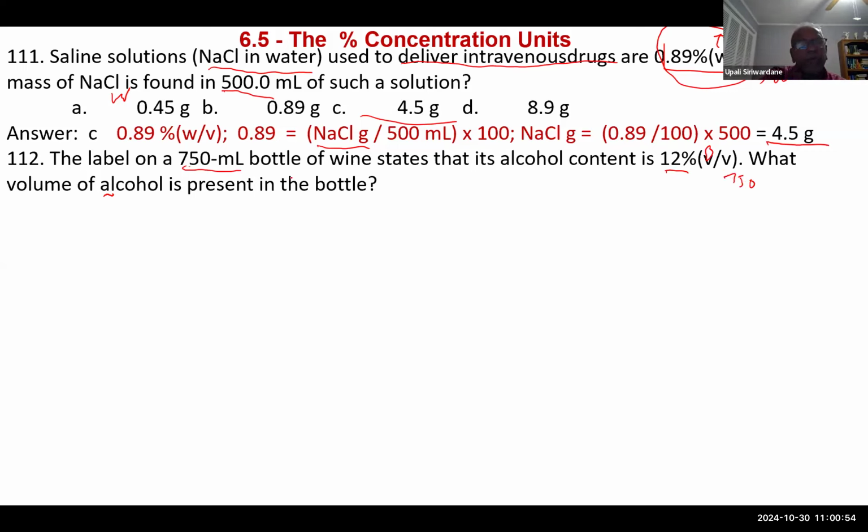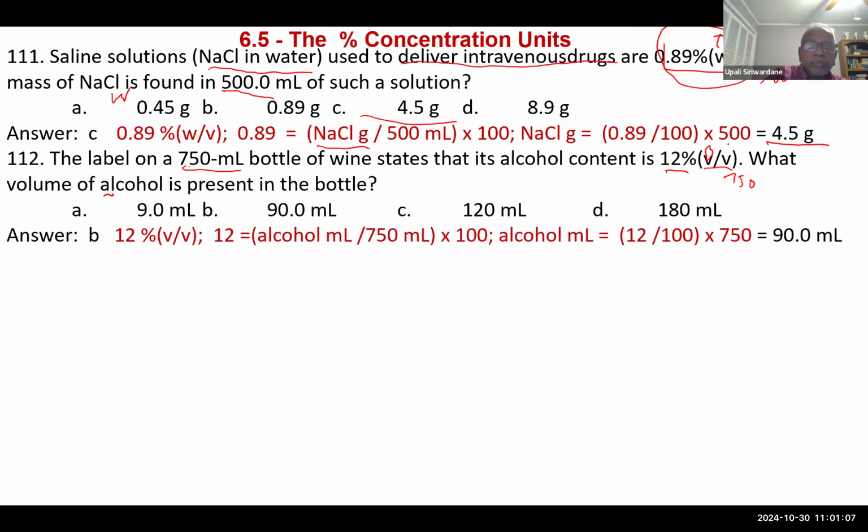That's volume by volume. 750 is the total. Therefore, you solve for the alcohol volume right here. You rearrange the equation. You get this. Then you calculate the value, 90. That's how you get B.